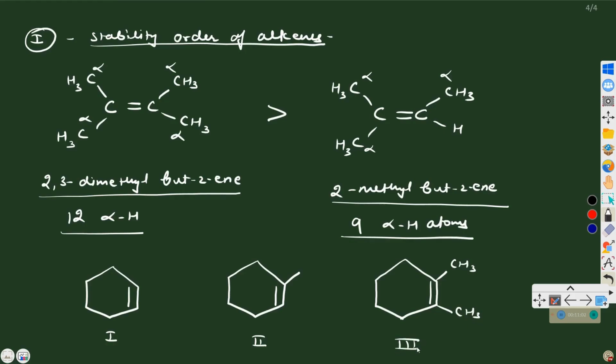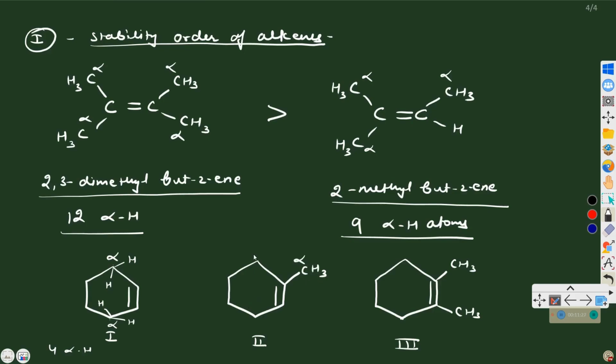Now, if we have to count the alpha carbons, first I'll take this one. This is the alpha carbon adjacent to the doubly bonded carbon, and this is also an alpha carbon. These two have 2 hydrogen atoms each, so there are a total of 4 alpha hydrogens.